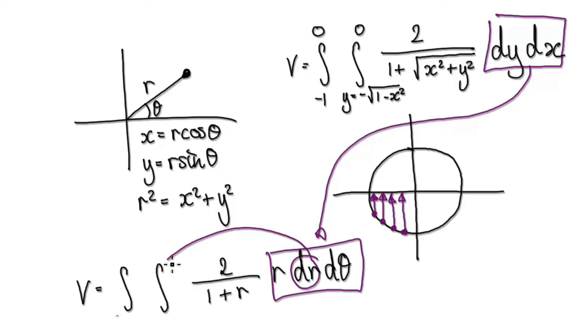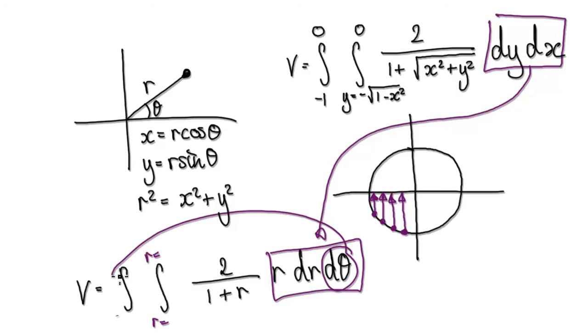Looking at this, it's going to be r first, so it's going to be r equals something, and then looking at the outer integral, it's going to be theta equals something, and in polar form, you're moving along like this.